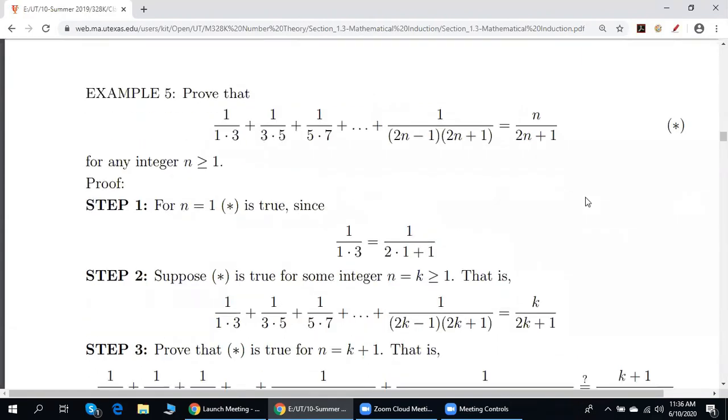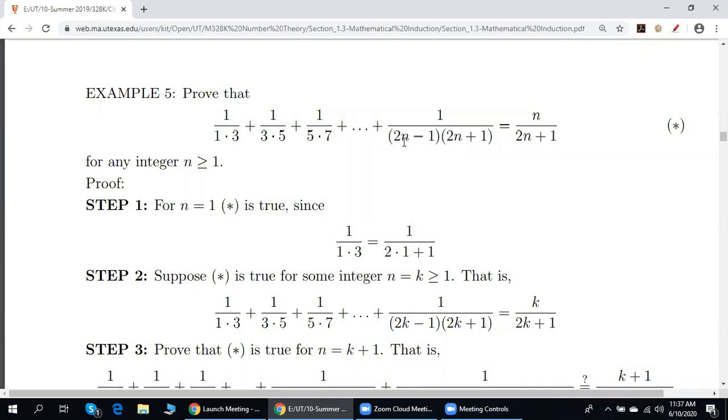So here's what we do. Step 1, show that this identity is true for n is equal to 1. If n is equal to 1, the left-hand side is just 1 over 1 times 3. Why?